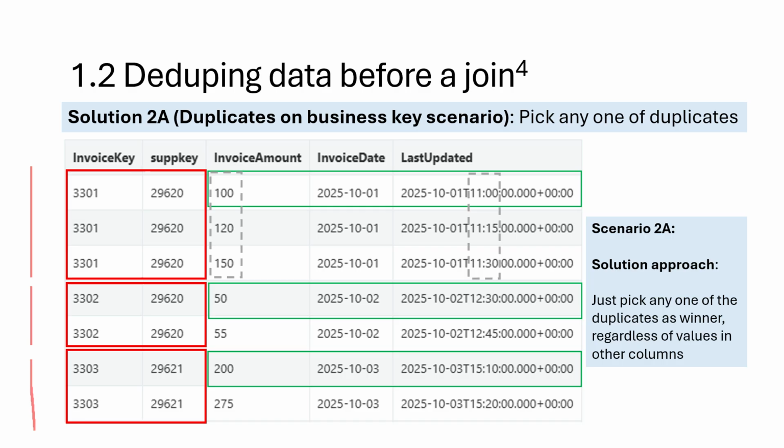For example, for this first set of duplicates, we have three rows, and as part of deduping, one of these three rows will be returned. Similarly, for the second and third sets of duplicates, one row each will be returned. That way, at the end of the deduping, it would return three rows for these three business keys.